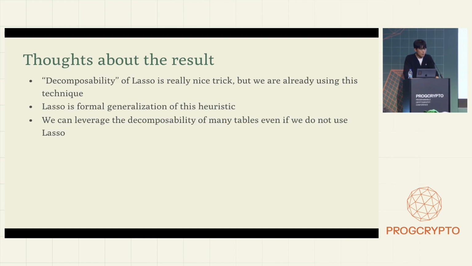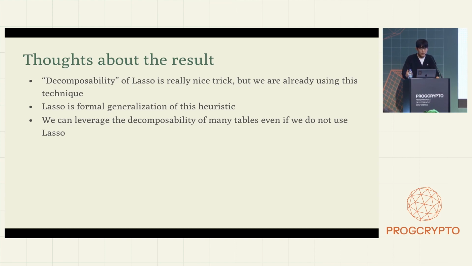So decomposability of lasso is really a nice concept and a very nice trick. But actually, we were already using this technique. Think about how we did range checks inside the normal Halo 2 lookup arguments. We just decomposed them into limbs and did the range check in smaller subtables.